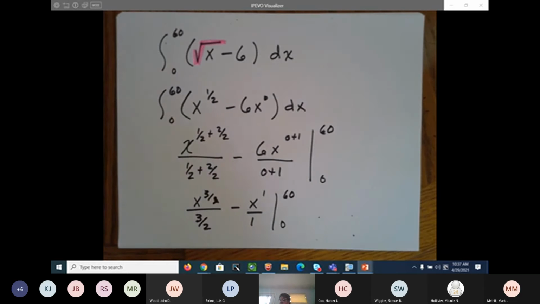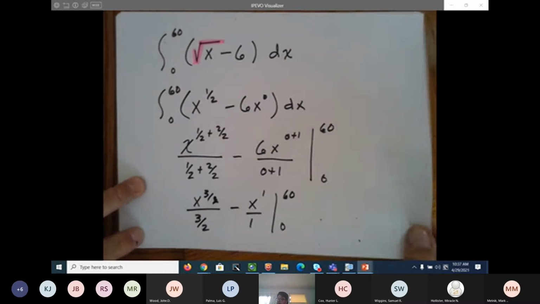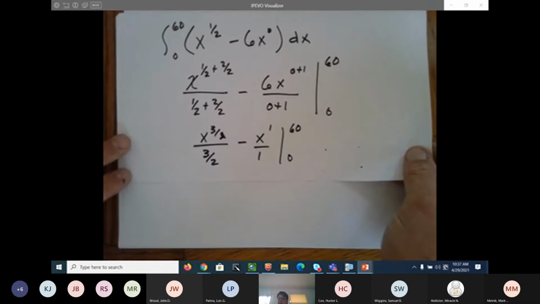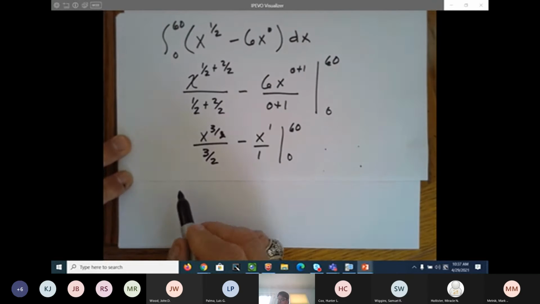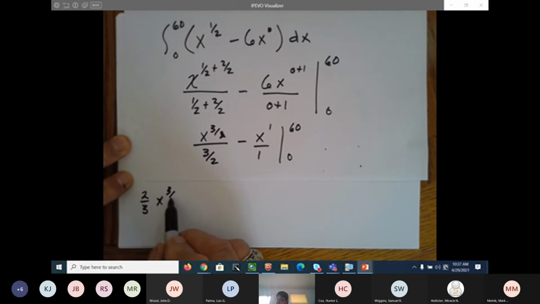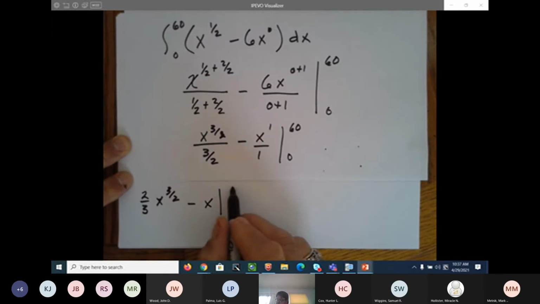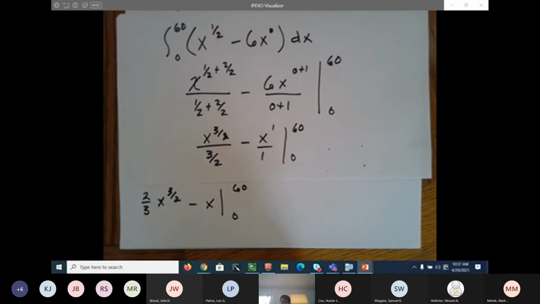I'm going to take it up to the next page. That's going to give me 2/3 x to the 3/2 minus 6x. Can somebody tell me what 0 is going to do to this problem?